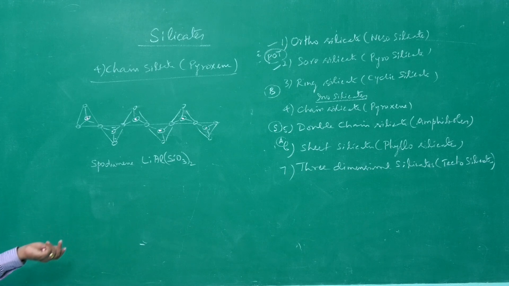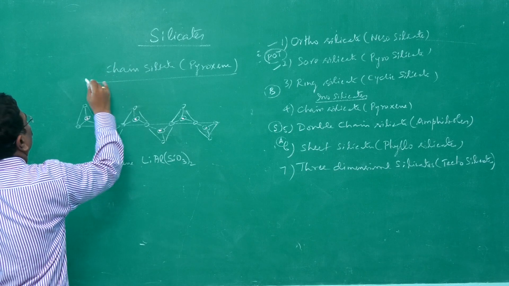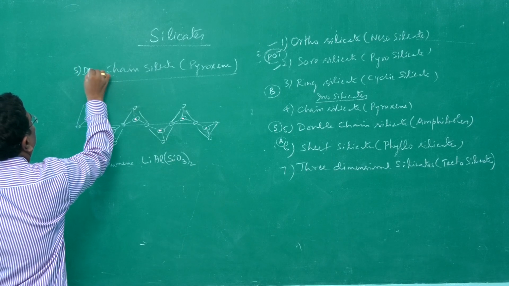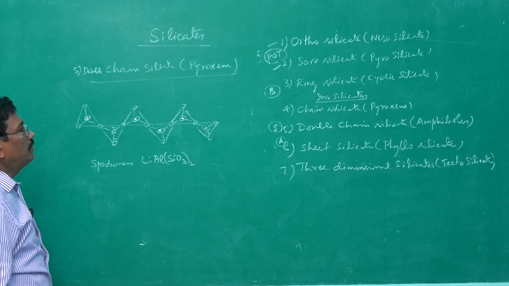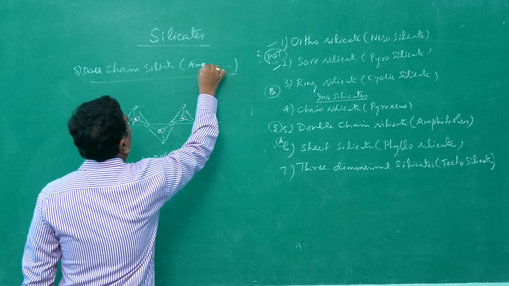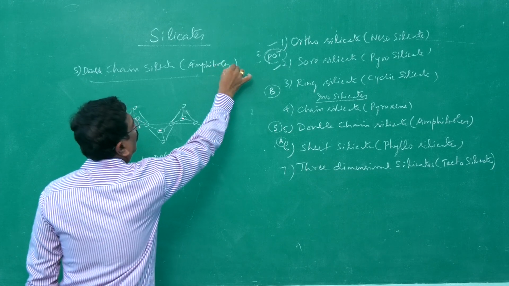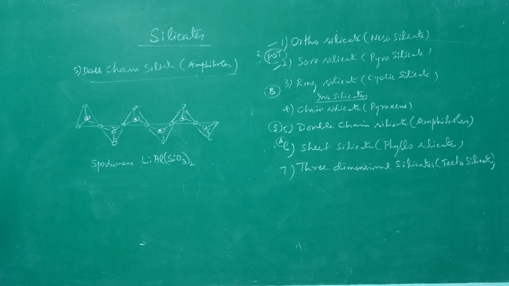Now, double chain silicate. Double chain silicate I can attach with this fifth example. Double chain silicates are otherwise called amphiboles. In amphiboles, the double chain silicate, in what way does it come? The chain is added with another chain.